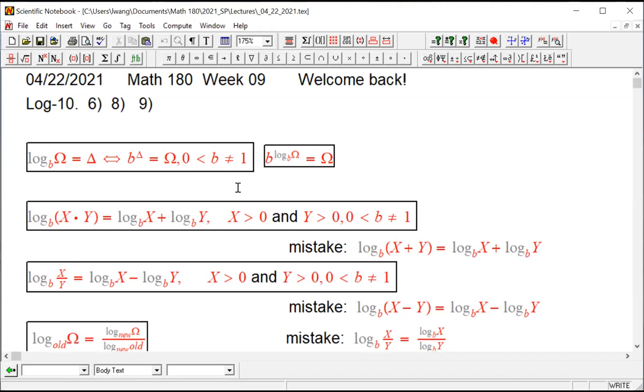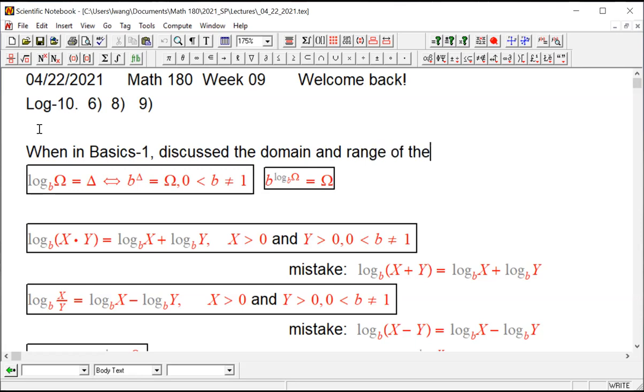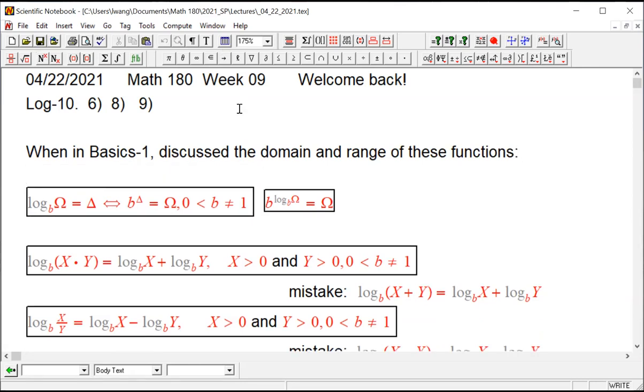Before, when we were doing the graph, we were talking about when graphing, we have discussed the domain and the range of these functions. We reviewed them at the beginning when we entered logarithm.